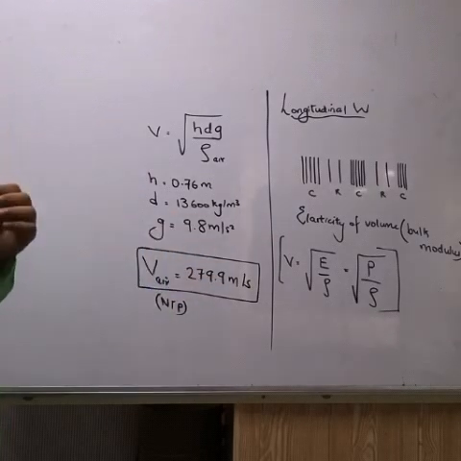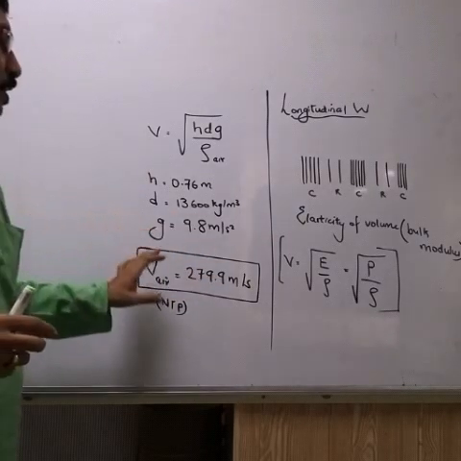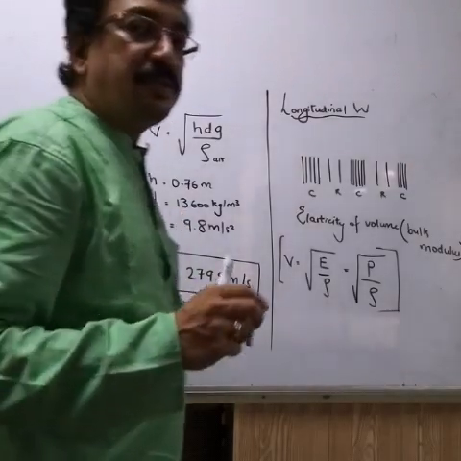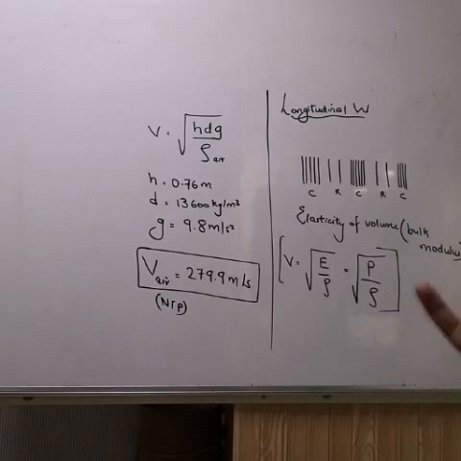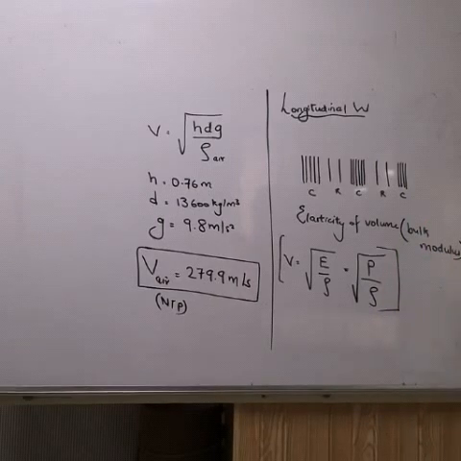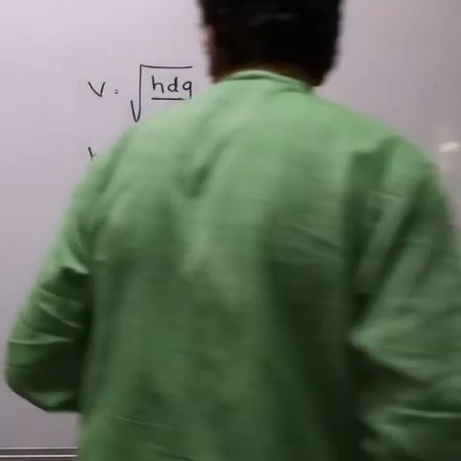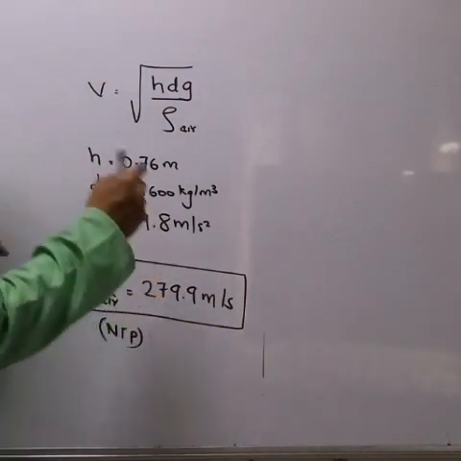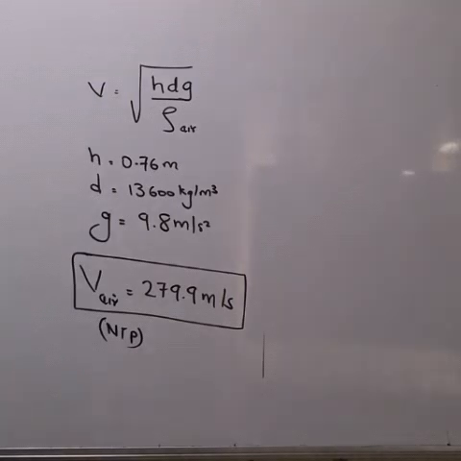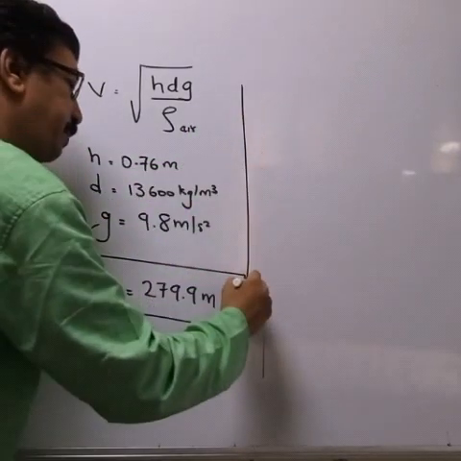279.9 meters per second. So that is the theoretical value of velocity, not the experimental. When you put the value of H, D and G, it comes out to 279.9 meter per second. But what was the experimental value?